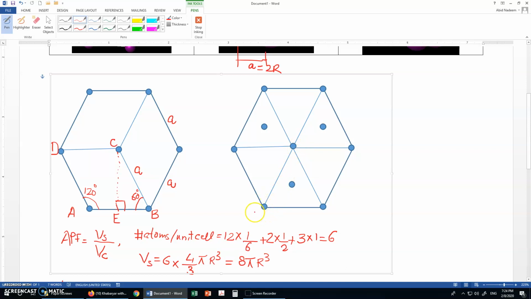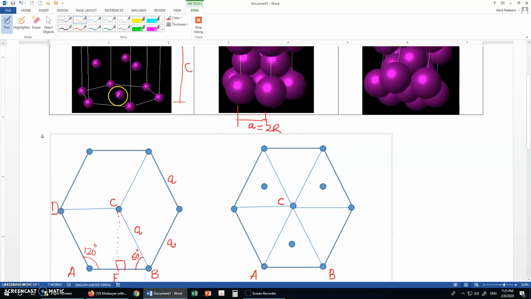For example, if this is the triangle, corresponding to here is A, B, and then C, where C is the atom in the center of the base. A is this atom, B is this atom.